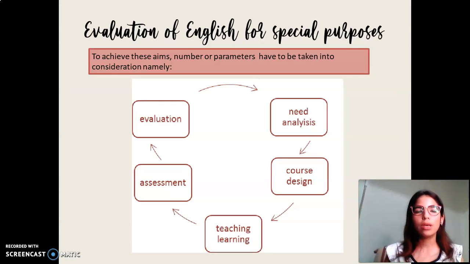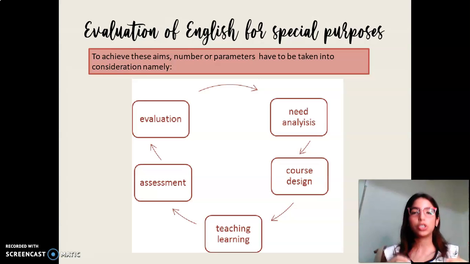Okay, but to achieve all these aims that we have set, we have to take into account this special topic, which is the evaluation of English for specific or special purposes. Taking this topic into account, a number of parameters have to be considered: the needs analysis, the course design, the teaching-learning, the assessment, and the evaluation.